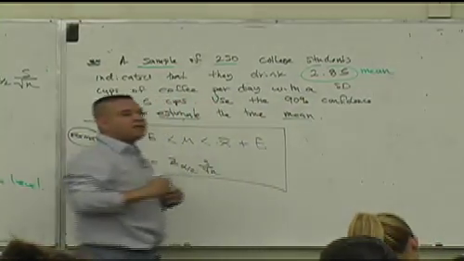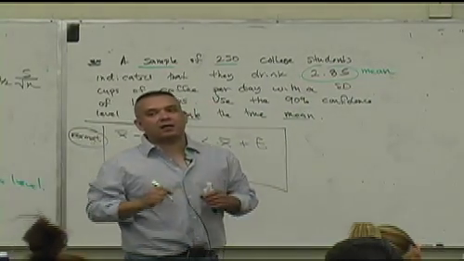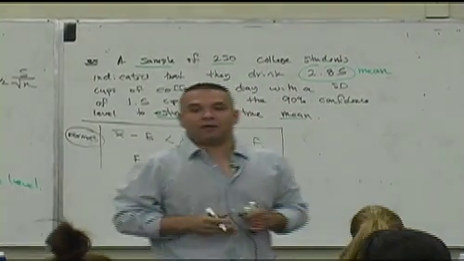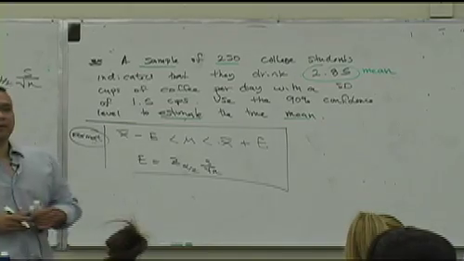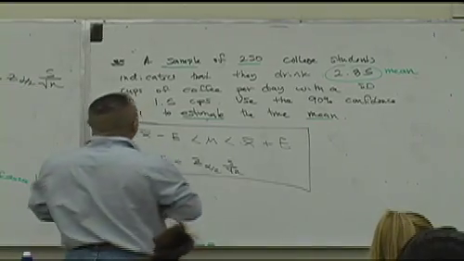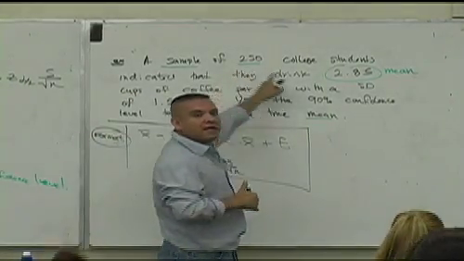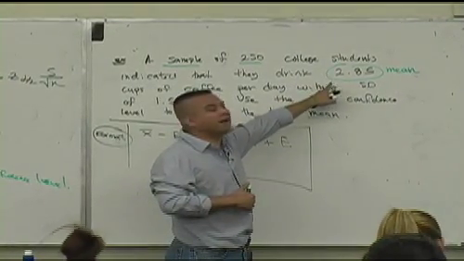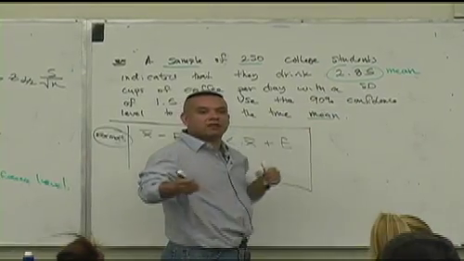Okay, so what happens is sometimes they'll say this is the sample mean. Sometimes they won't say it's the sample mean. But it's implied, because there's no way 250 people drink that; they're saying that this is the mean here. So they're going to imply that that's the sample mean. Just like Moshe said, it's 2.85.